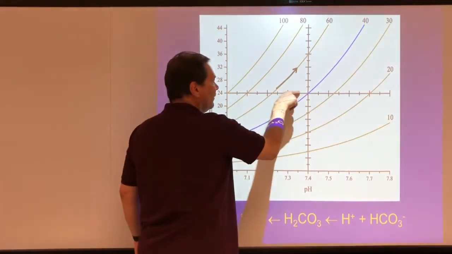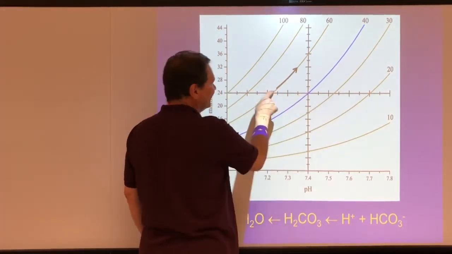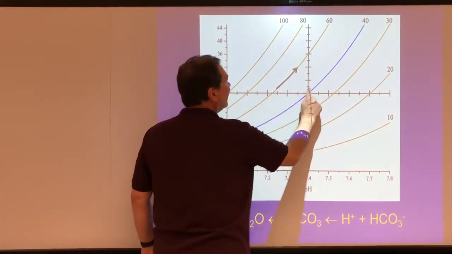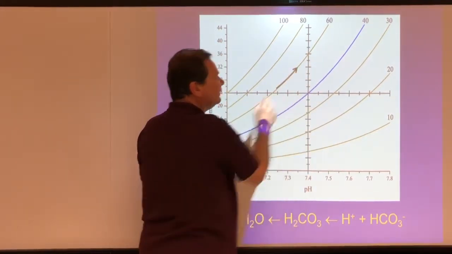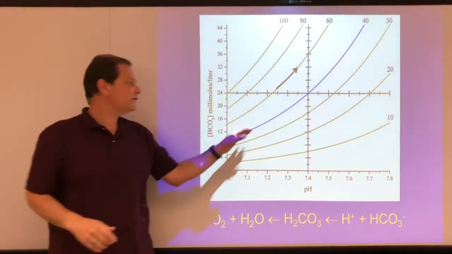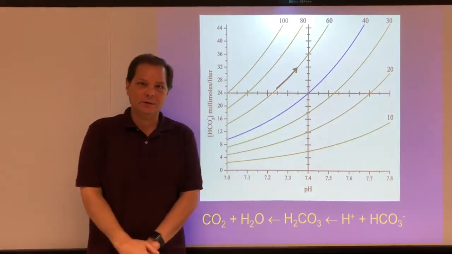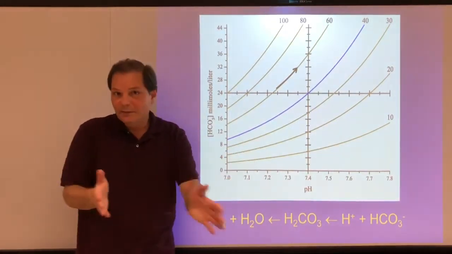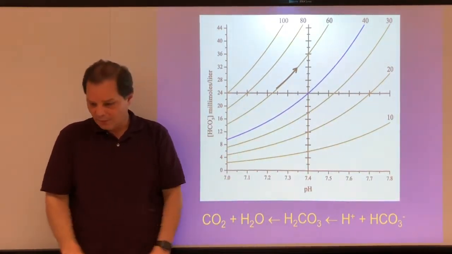Bicarb goes up that way, pH goes up that way, and we move along this black line. So it doesn't just work at 40, it works along any isobar, depending on what the PCO2 is.